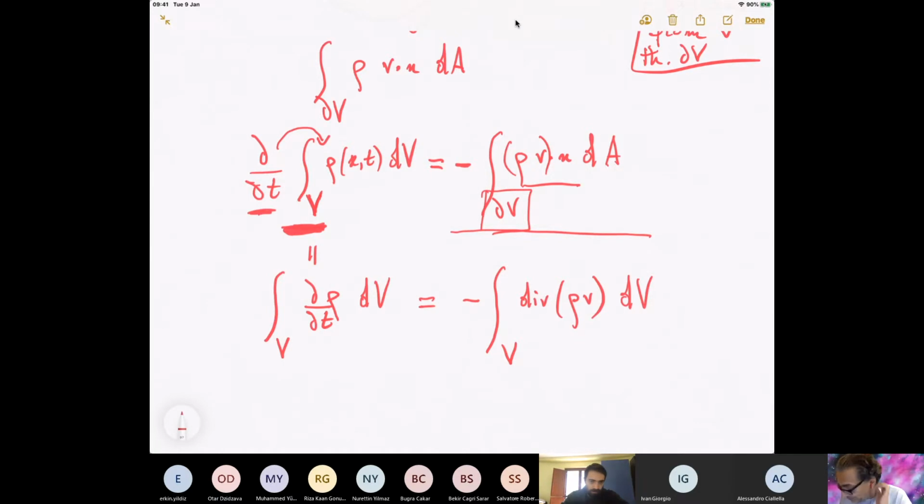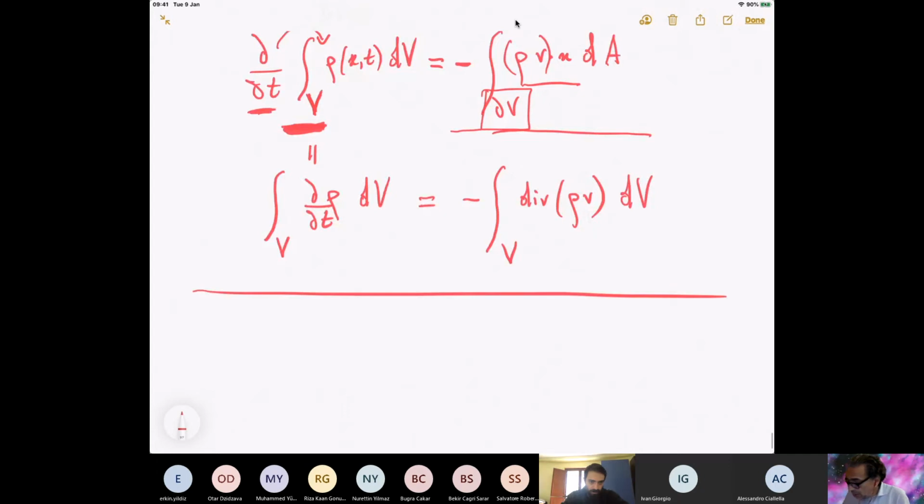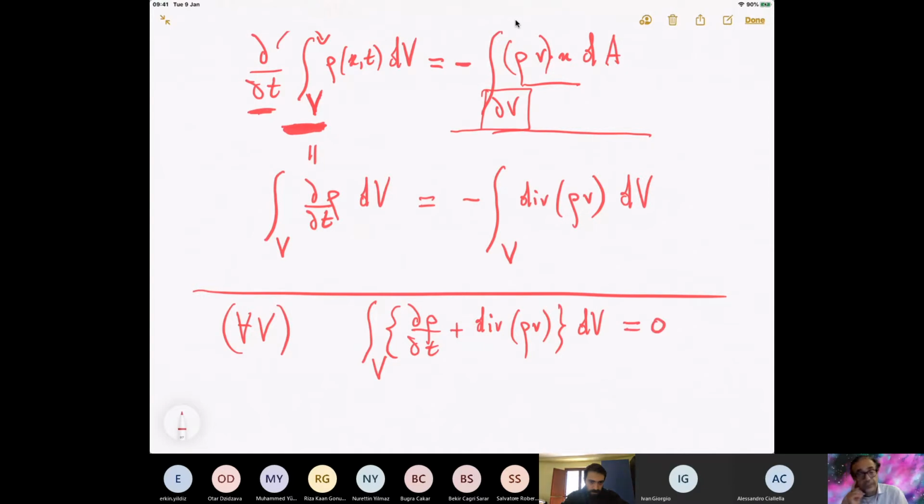Okay? So, for every control volume, you have that the integral over V of d rho over dt plus divergence of rho v dV is equal to 0.